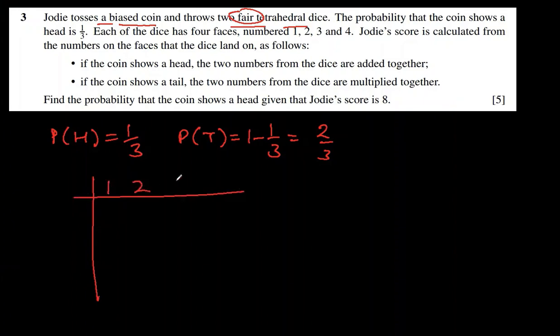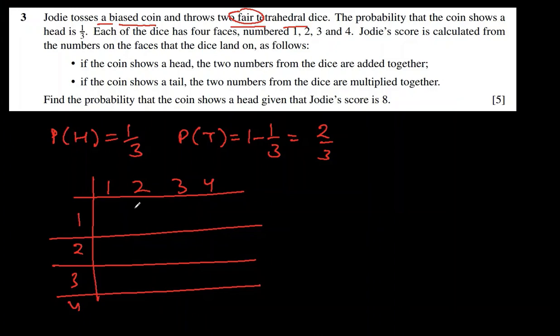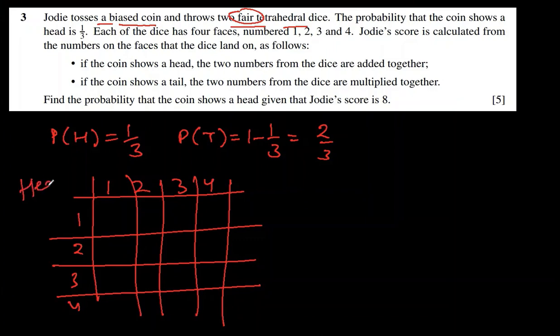1, 2, 3, 4 for the first die. 1, 2, 3, 4 for the second die. And let's do it for when the coin is a head. So this is the table for head. If the coin is head, the two numbers from the dice are added. So 1 plus 1 will be 2.